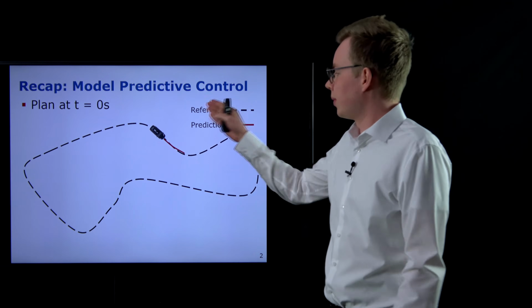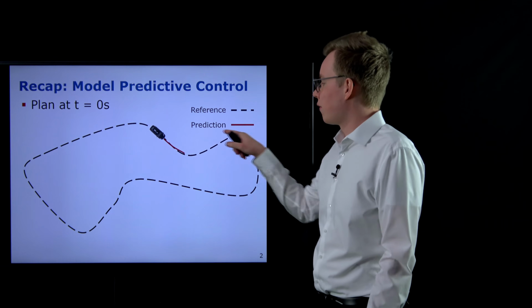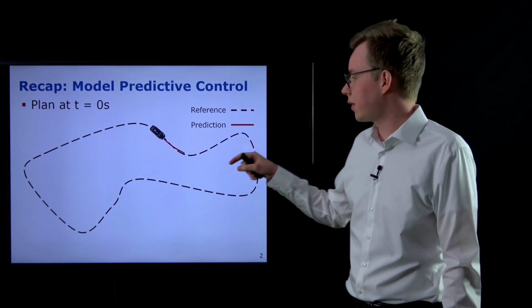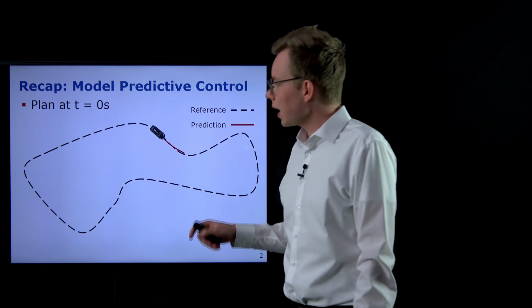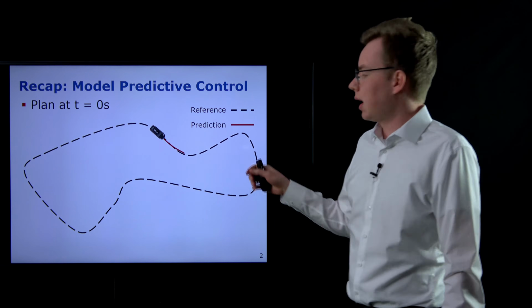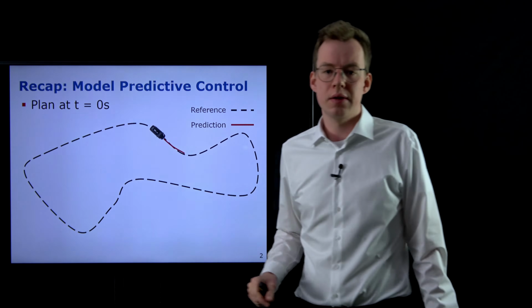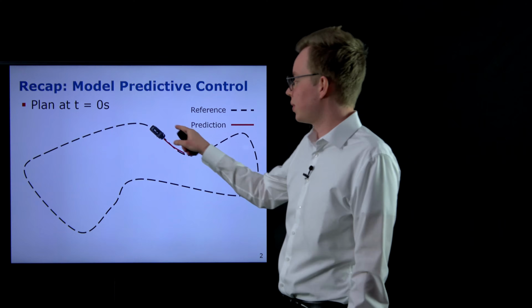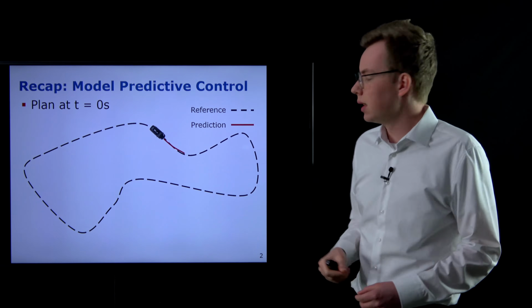Let's look at this example of a car following a circular racetrack, which is given by this dashed reference. The idea of MPC is that at every time step, we look at our current state, which in this case may, for example, be the position and heading of this car and its velocity.